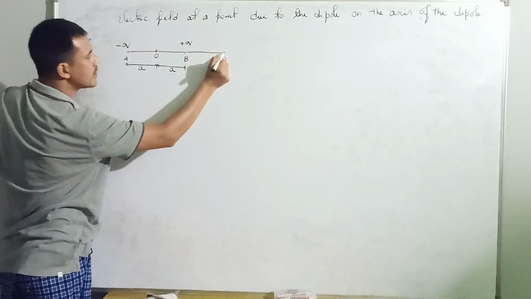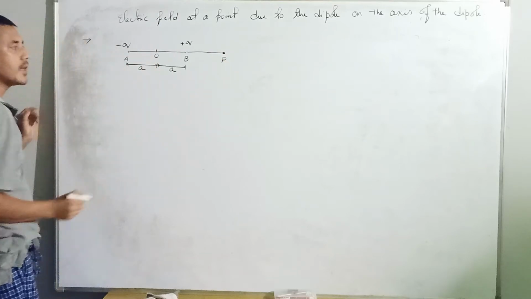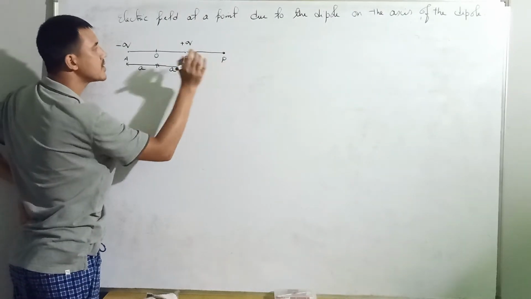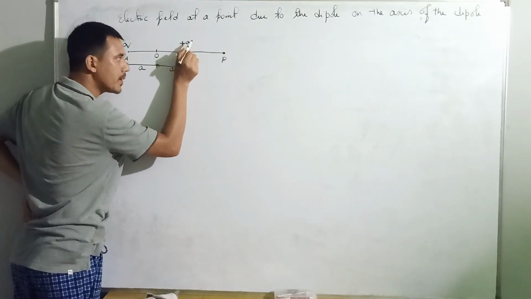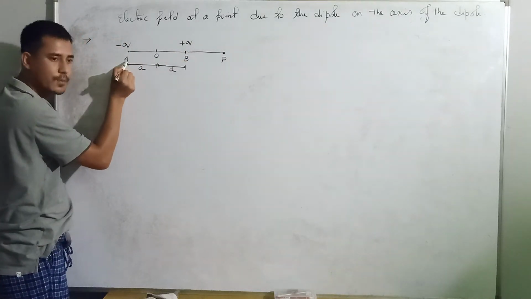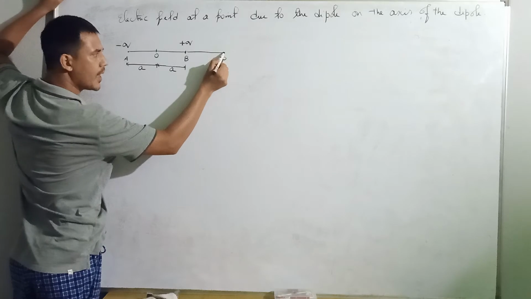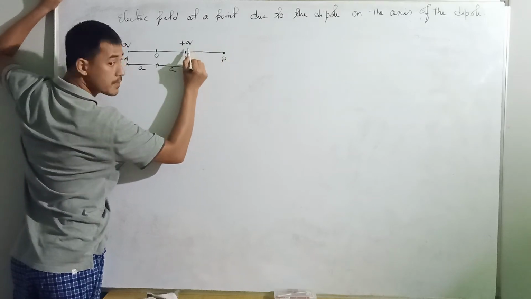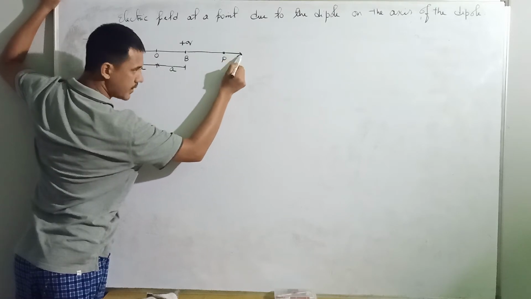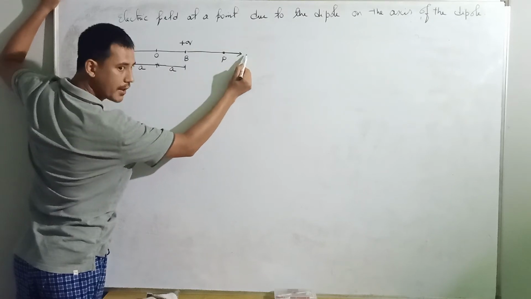So I want to find the electric field at this point P on the axis of the dipole. There will be two electric fields acting at P. One is due to plus Q placed at point B, and another is due to minus Q placed at point A. The electric field at P due to plus Q will act in this direction, because the electric field for a positive charge is directed outwards.